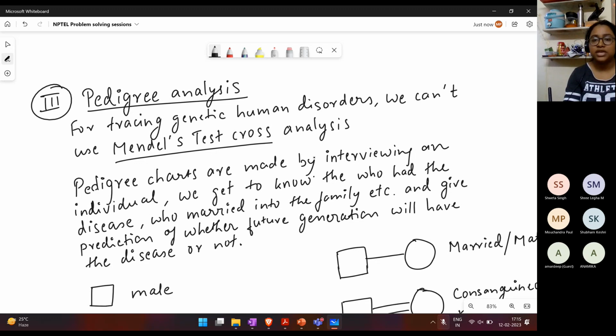So pedigree charts are made by interviewing an individual. A person comes to you and says, my family has this phenotype, and I want to know whether my children will have it or not. So you ask that person certain questions, like who in your family got the disease, who were they married to, etc. Using the knowledge they give us, we draw a pedigree like this.